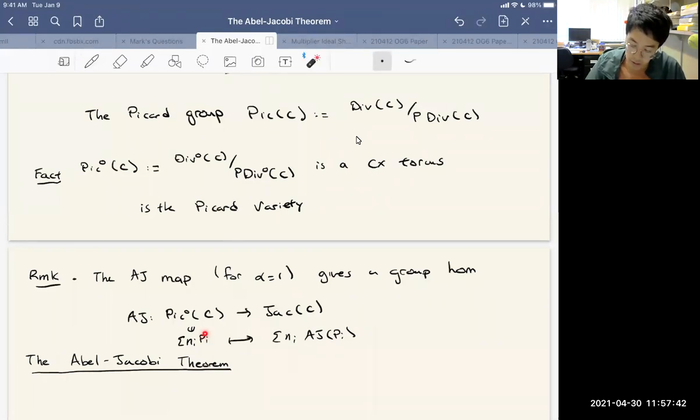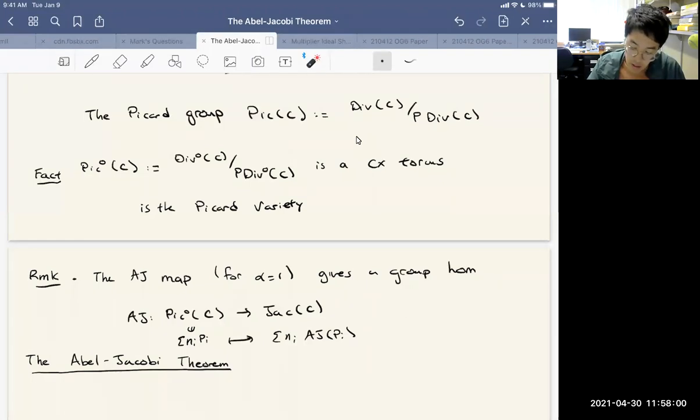Given a point on the curve, I have the Abel-Jacobi map, which takes me into the Jacobian. So if I have a divisor, I define this on points and then extend by linearity.